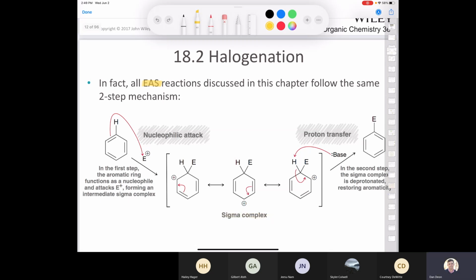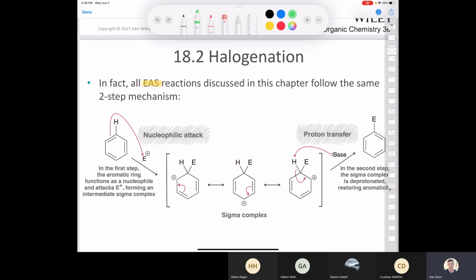Something that I get asked about very rarely by students, but I remember one time I taught this, a student piped up and said, what's the big deal with the sigma complex? I get it, but why do they always make a point of showing all these resonance structures? First of all, it's important that you understand the different resonance structures.